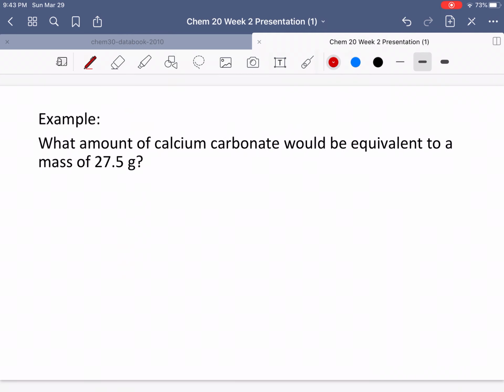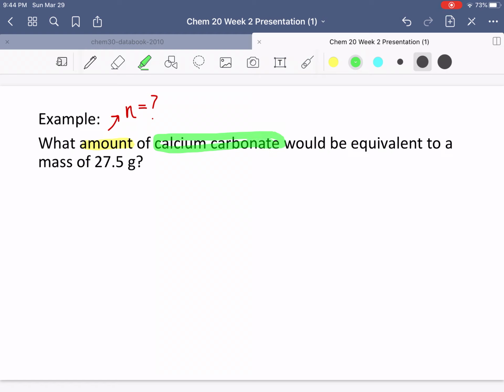Let's go into questions. Key things similar to when you did the combined gas law is reading carefully. For instance, when you're asked amount, your brain needs to go that you are looking for N because amount stands for number of moles. This is extremely important as well. Calcium carbonate.